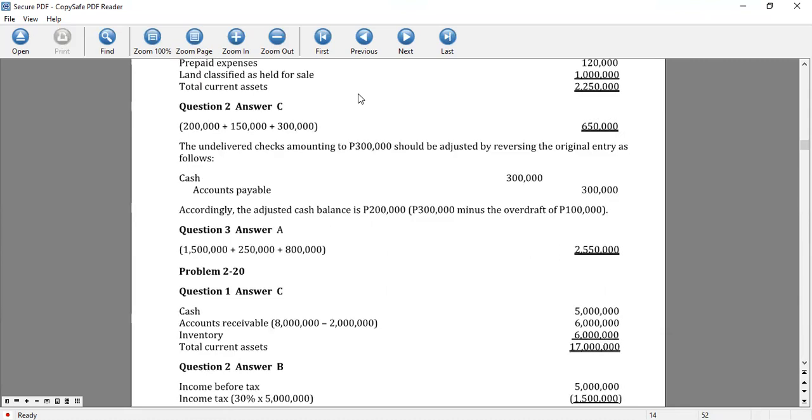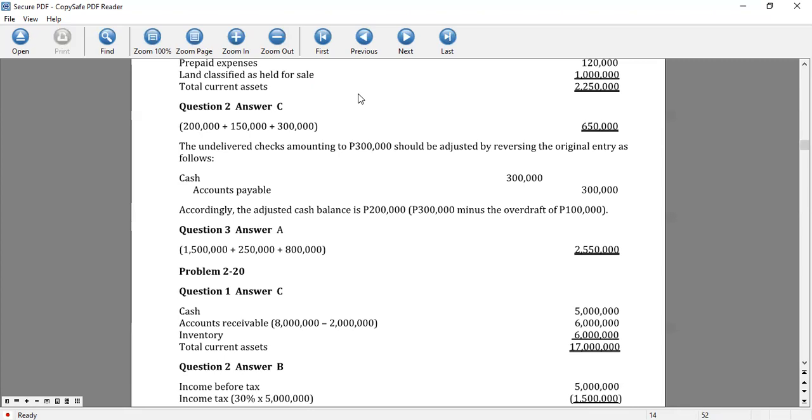So, shareholders' equity, we have 1,500,000, the share capital given, and then we add 250,000. That's the share premium. So the total now is 3,200,000.